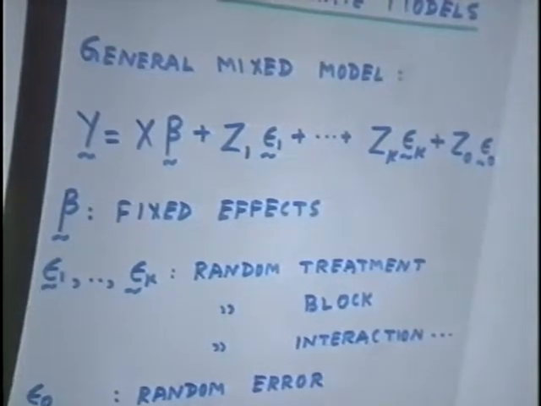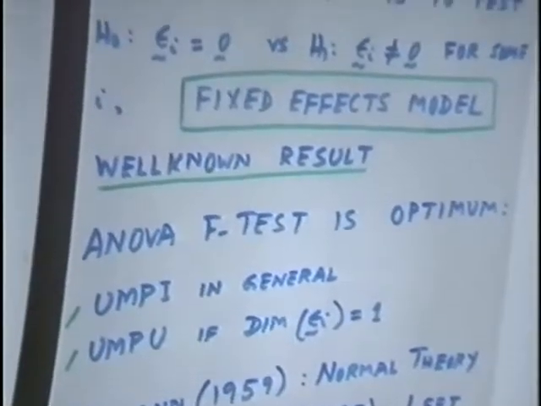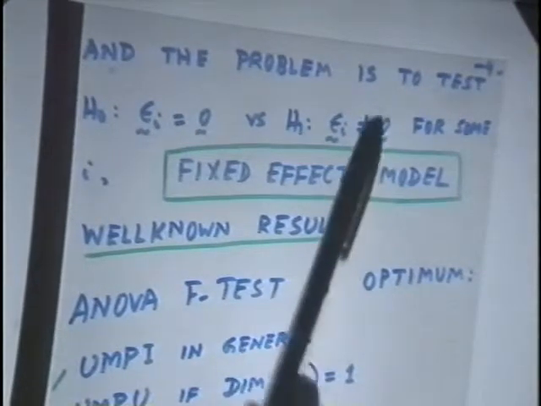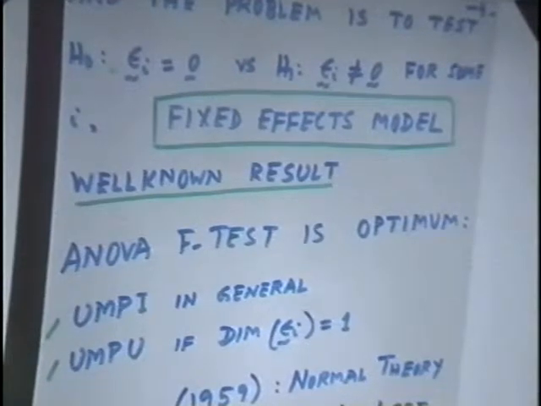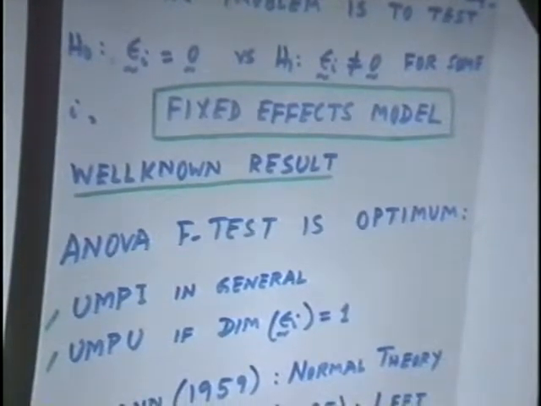And in that case, if I want to test that the ith vector of fixed effects epsilon i is 0, against the alternative that it is different from 0, for some i, then the well-known result is that the ANOVA F test is optimum.